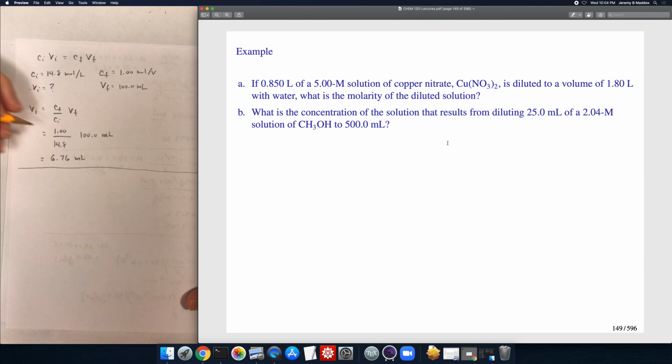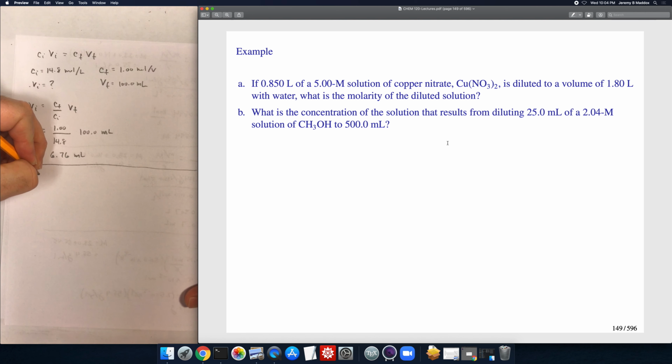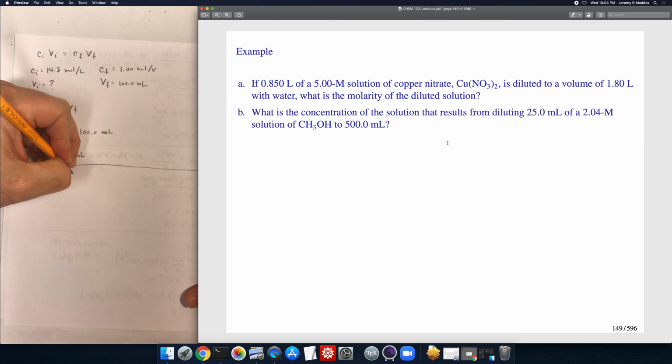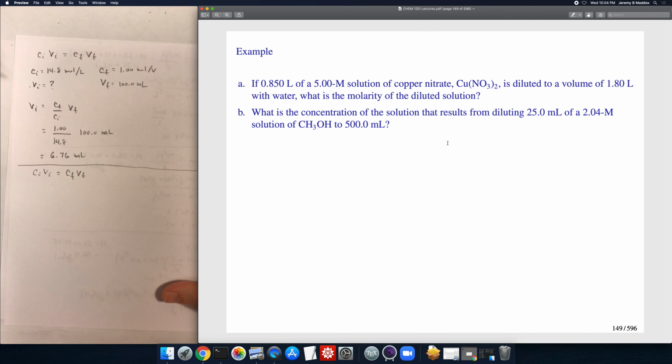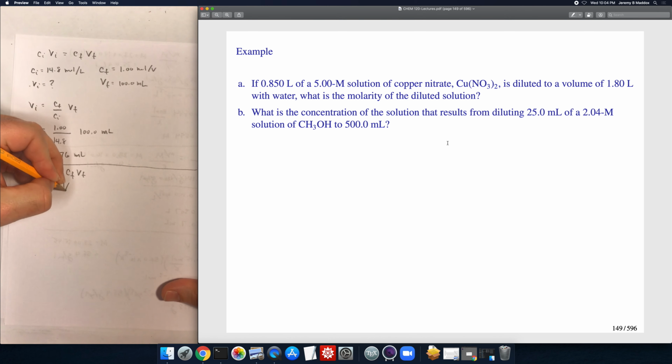So again, I'm going to just go ahead and write down the dilution formula. It's very helpful to write the formulas that you're learning each time you solve a new problem. That way it'll help you learn the formulas. And let's look at what we have. Well, we've got an initial concentration of 5.00 moles per liter.